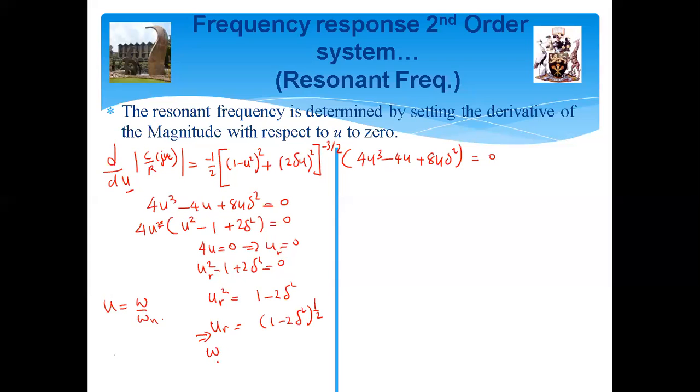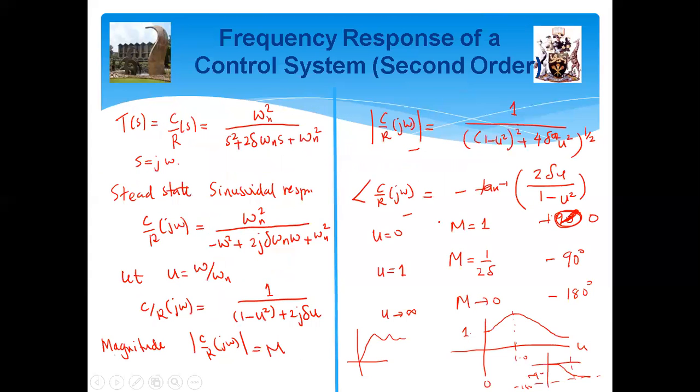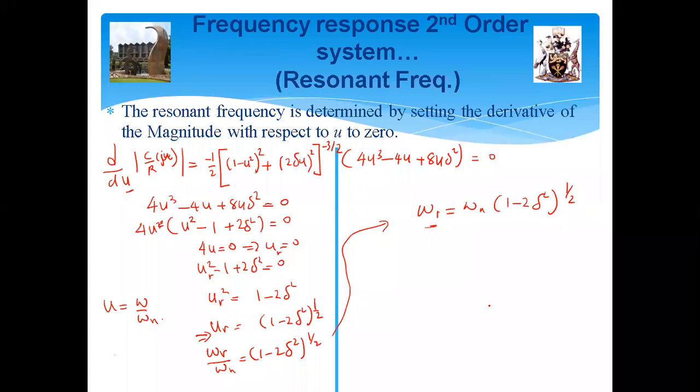This is the frequency where we'll have our maximum m, which is m r, and we call that frequency the resonant frequency.